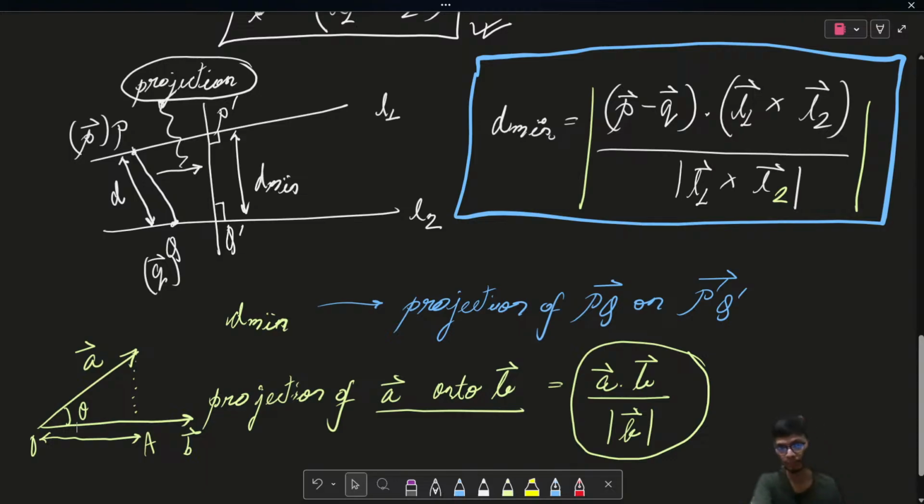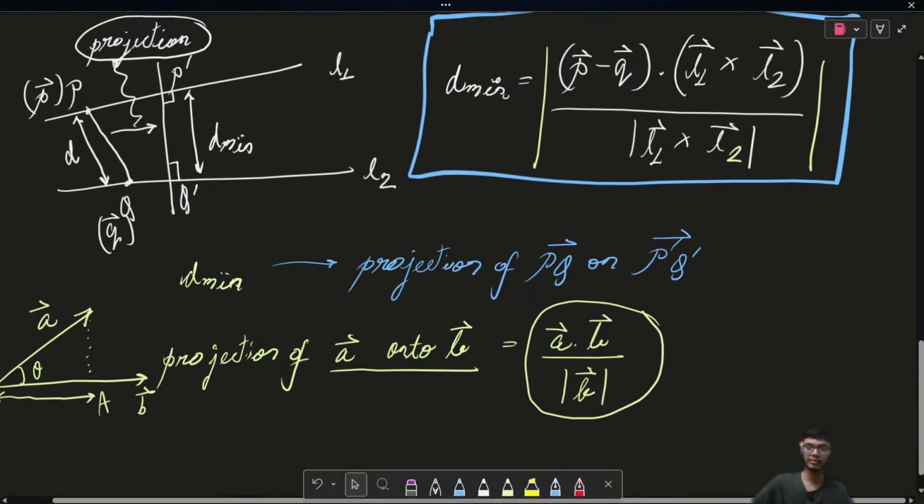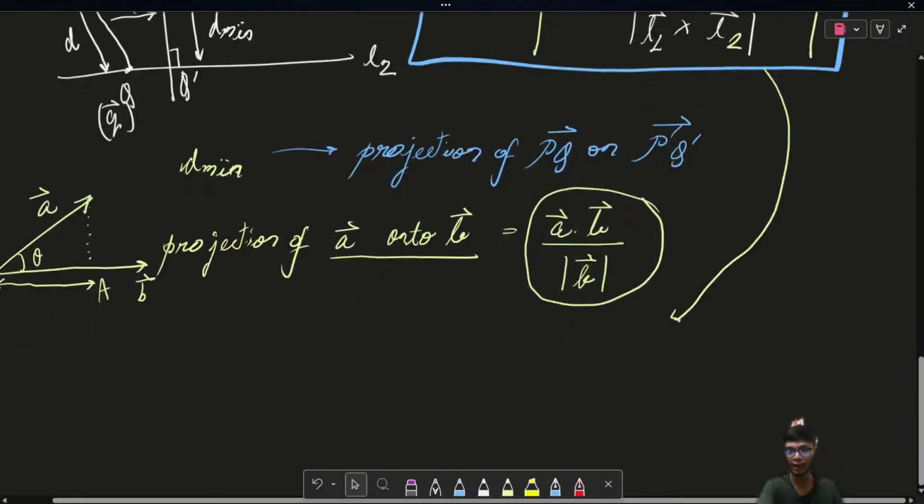For Cartesian form. Right, so this is the vector form of this surface system. Let us try to write this down in terms of Cartesian. From this particular result itself, I'm going to declare the result with x, y, and z.